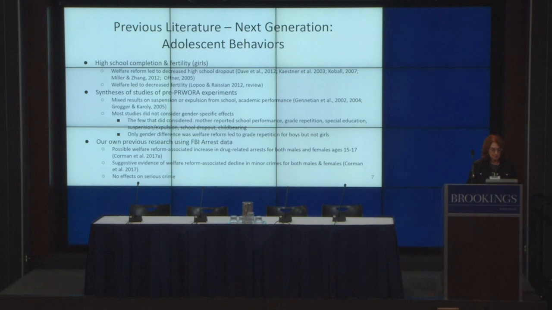So for the one group of studies that did look at teens and gender, most things were found insignificant. But again, these were based on experiments mostly in communities with the sample size less than 1,000. And they were geographically isolated. They're just one community in one state.